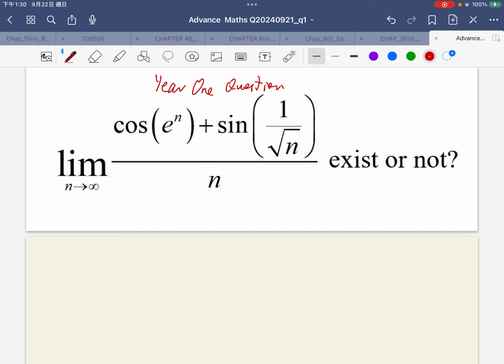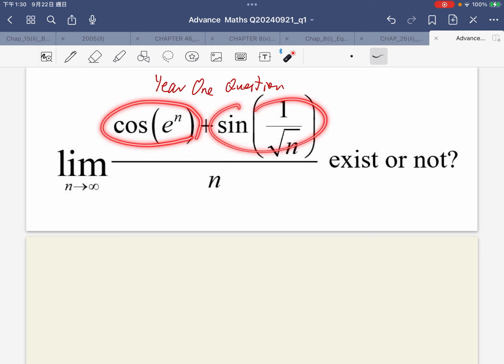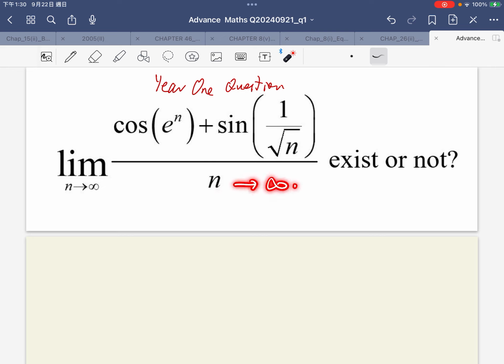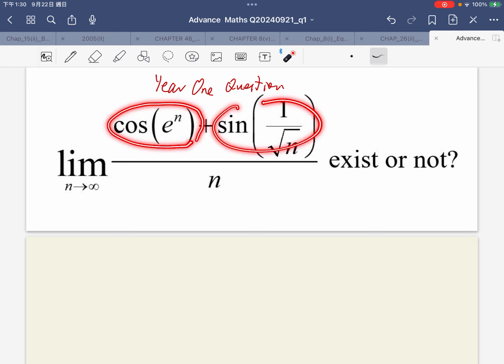Okay, this question is n tends to infinity, and there are two terms in the numerator and one term in the denominator. The denominator tends to infinity, while the numerator's two terms are sine and cosine.